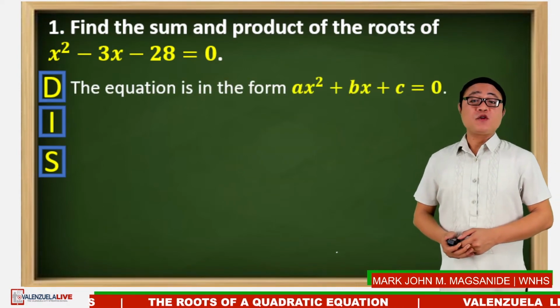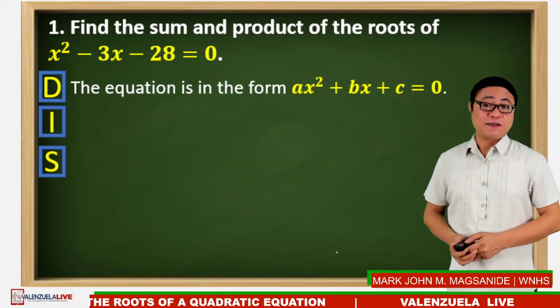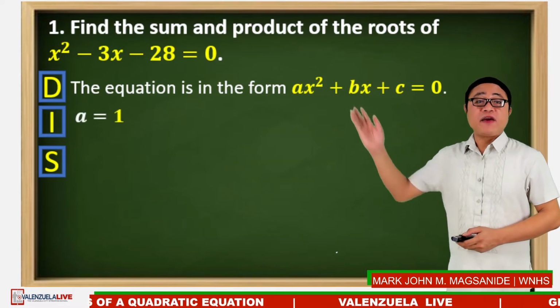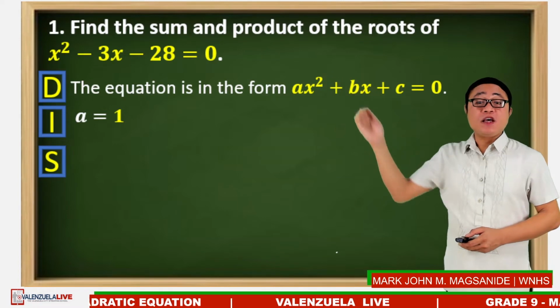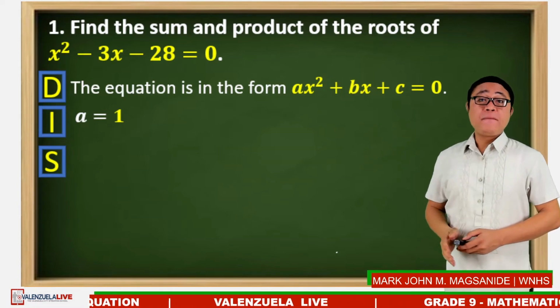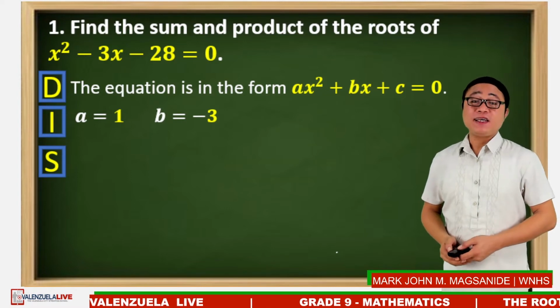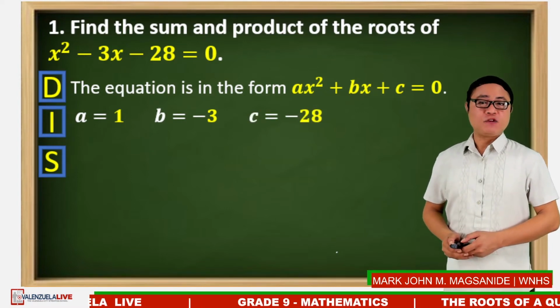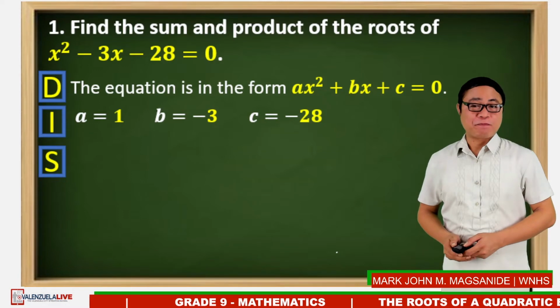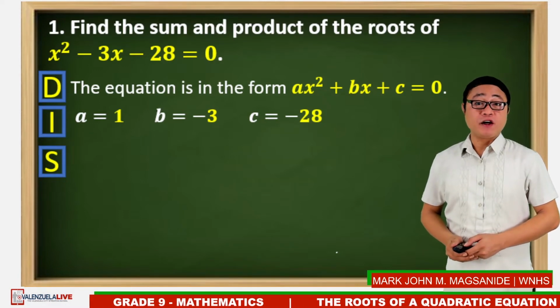Next step is to identify A, B, and C. Referring to the given, A is equal to 1, B is equal to negative 3, and C is equal to negative 28.